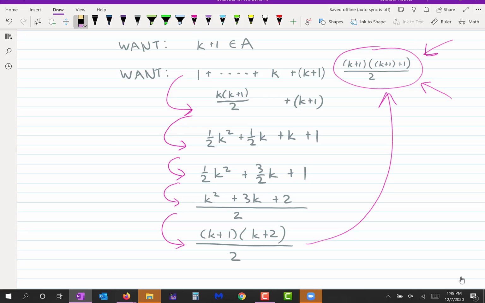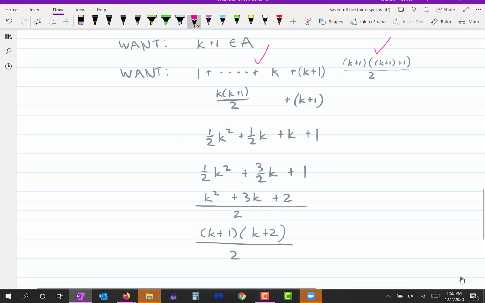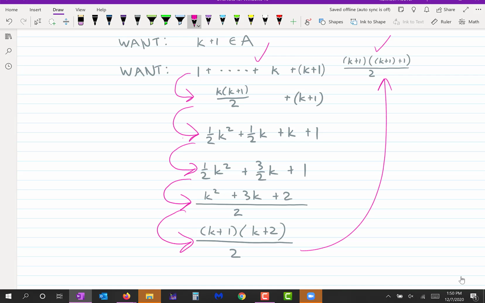Okay, let me erase this just so that I can write it again. We want to show that this equals this, and the way we're going to do it is to go this equals that, which equals that, which equals that, and so on. That's how we get that equals sign.